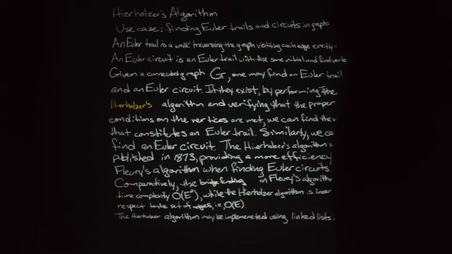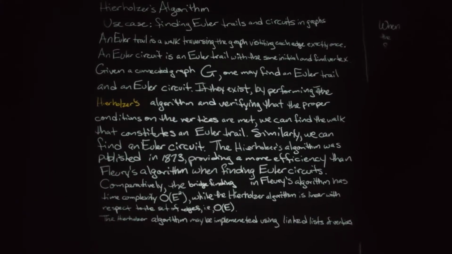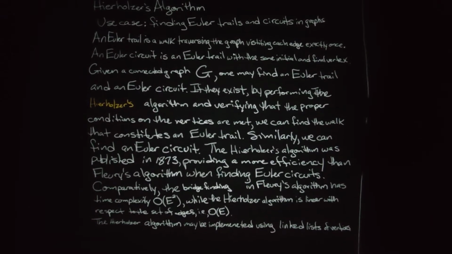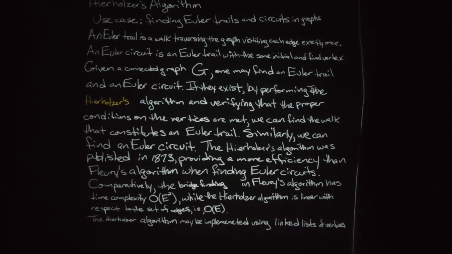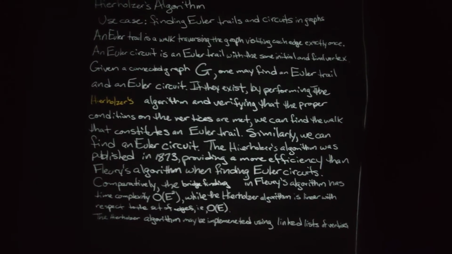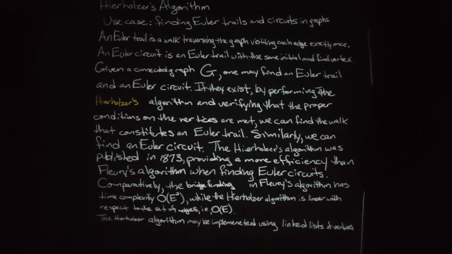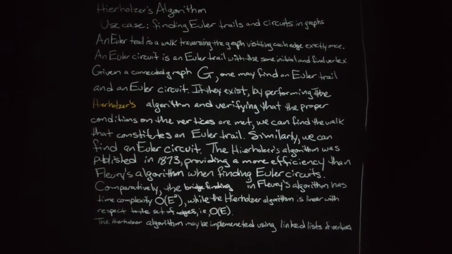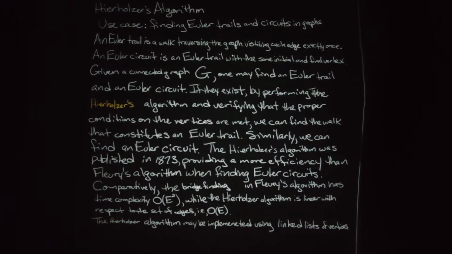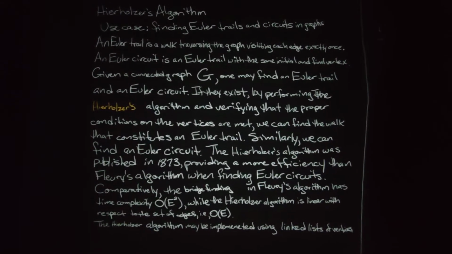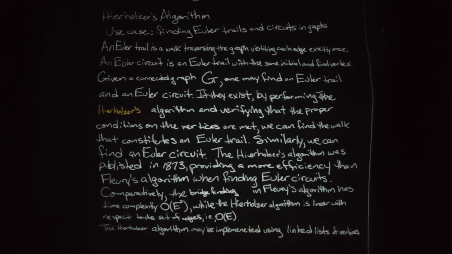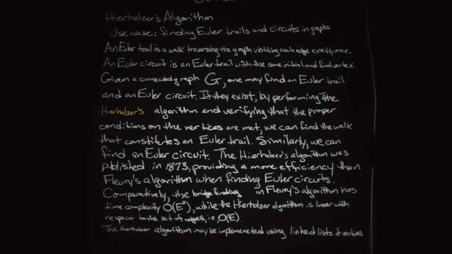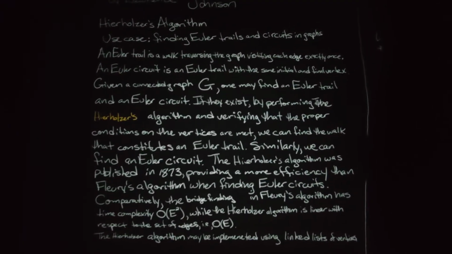Hierholzer's algorithm helps us to find this, and was actually a way to improve upon the work previously done by Fleury's algorithm when finding Eulerian circuits. Hierholzer's algorithm, however, is a lot more efficient. It's linear with respect to the edges in terms of computational time complexity.